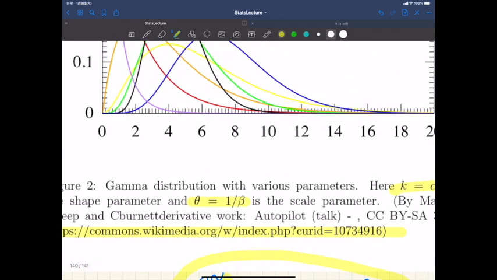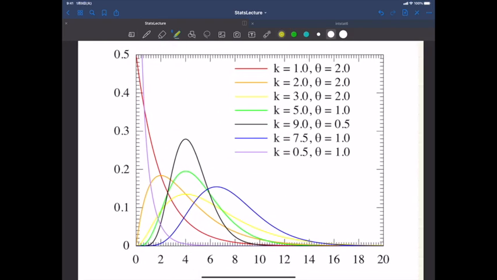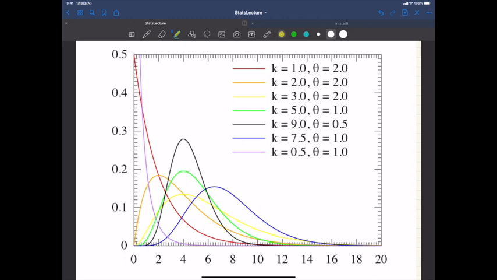It's the reciprocal of beta. So here are examples. When k is 1 and theta is 2.0, that means alpha is 1 and beta is 0.5, then we have this curve.